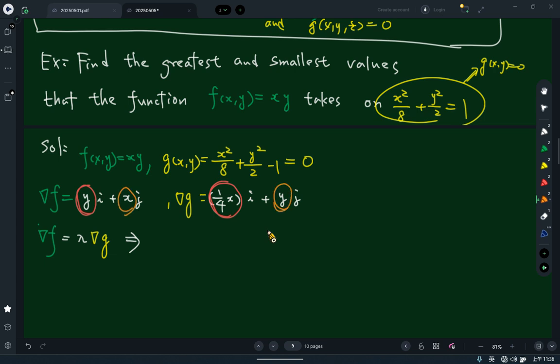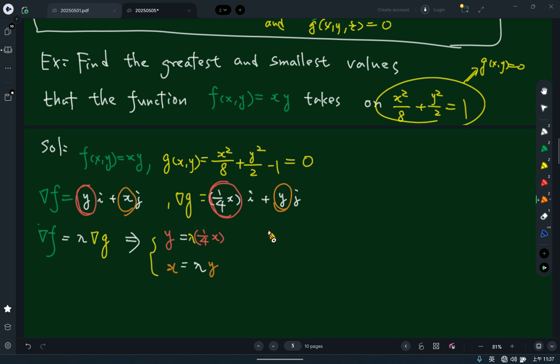So we will have y is equal to 1 over 4x times lambda. And we also have s is equal to lambda times y. Right? Because this is gradient f, this is gradient g.